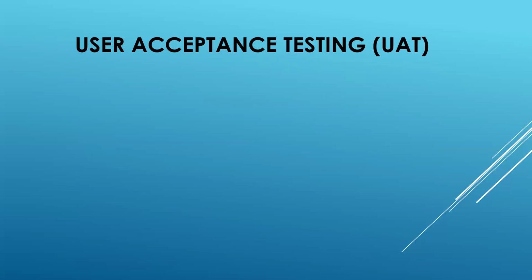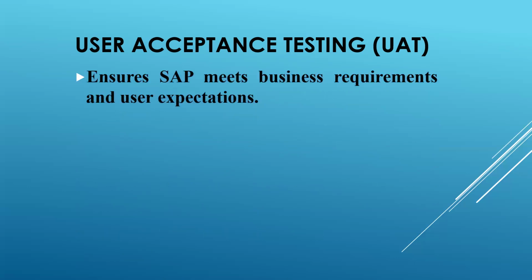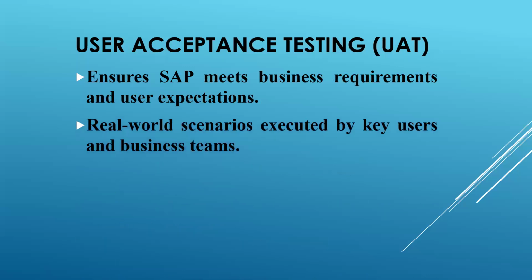Now, user acceptance testing. This will be done predominantly by end users, business users, and stakeholders. It ensures SAP meets business requirements and user expectations. It is business process testing, real-time scenario testing executed by key users and the business team.